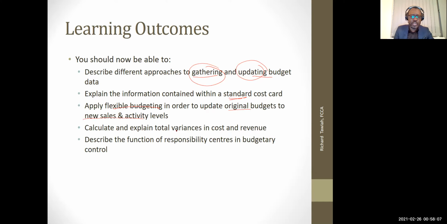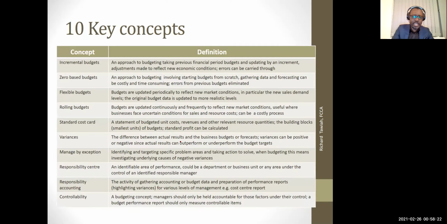And of course, we can easily calculate variances, but must be able to explain why the variances are occurring and the functions of the rest of the centers we find in our organization, the profit center, the cost center, and then the investment center. Again, we give you 10 key concepts which you can run through at your own pace and be able to understand what these key terms mean. All right, excellent, very easy to do.